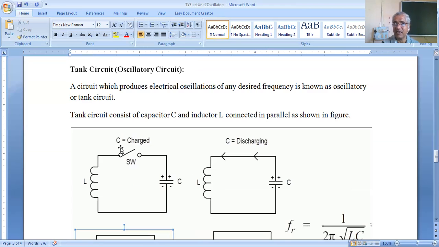Electrical oscillations are produced in the tank circuit, but these are damped oscillations, so there is a decrease in amplitude. To keep the amplitude of the oscillator constant, we provide positive feedback through the feedback network.